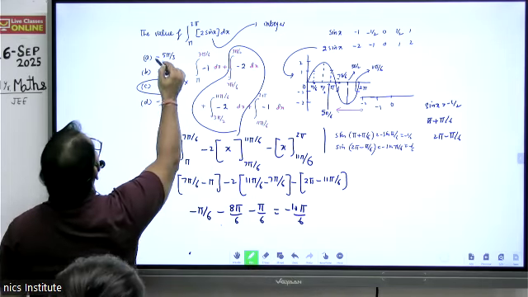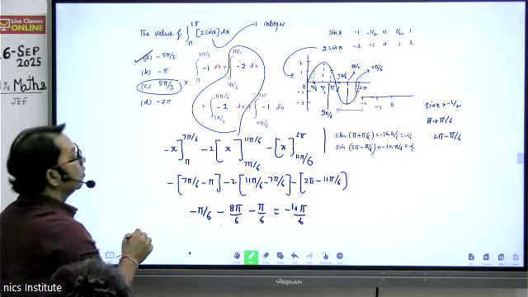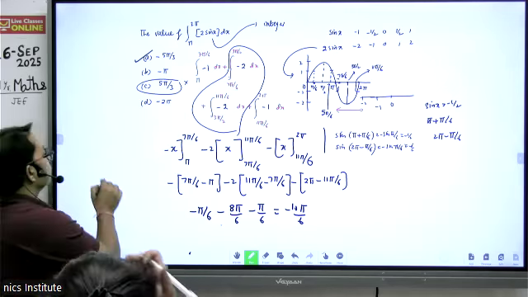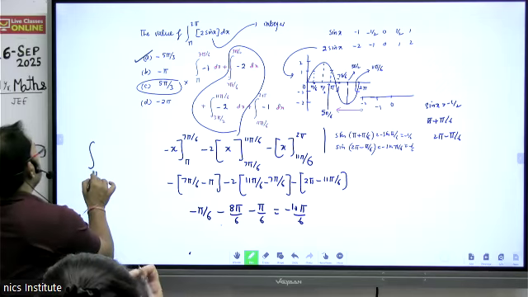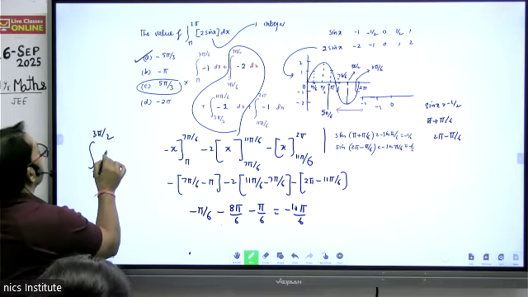Now, the same question came once again in JEE with the limits pi by 2 to 3 pi by 2. Do it. Same question with limits pi by 2 to 3 pi by 2. Do it yourself.